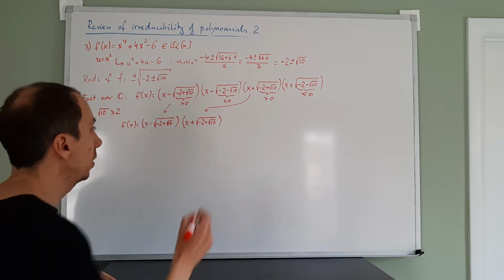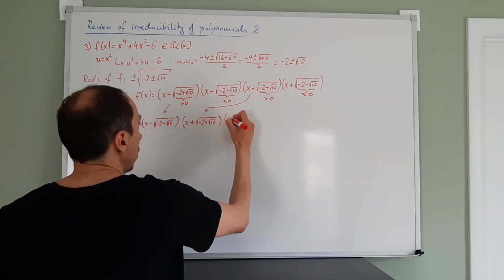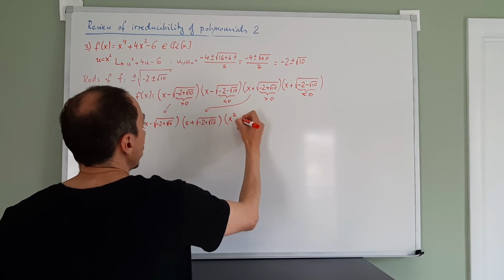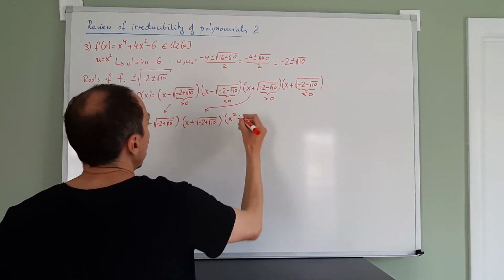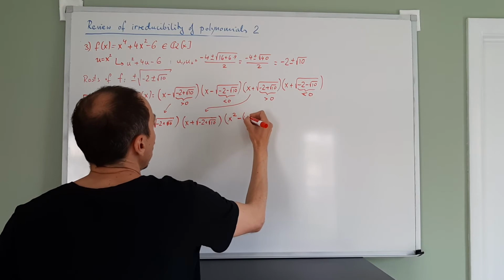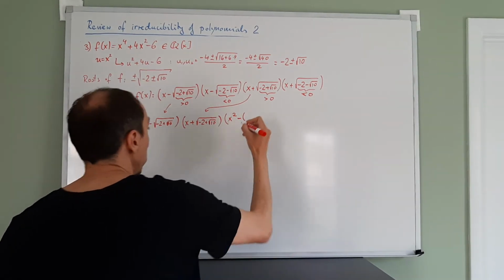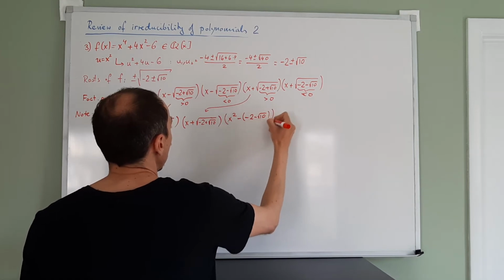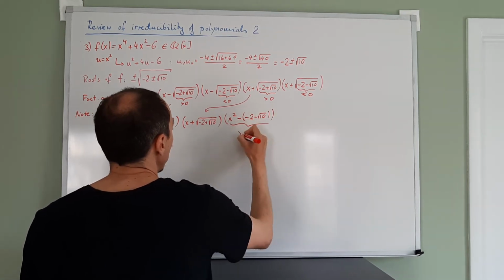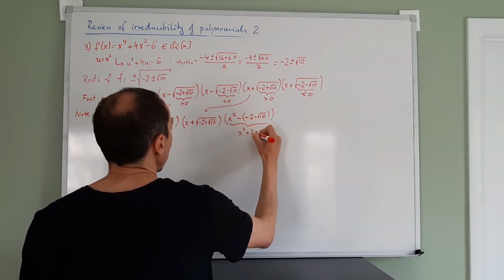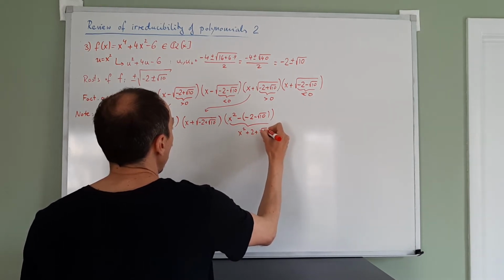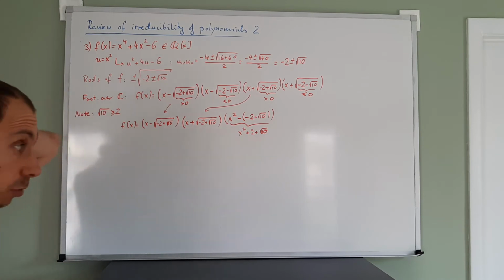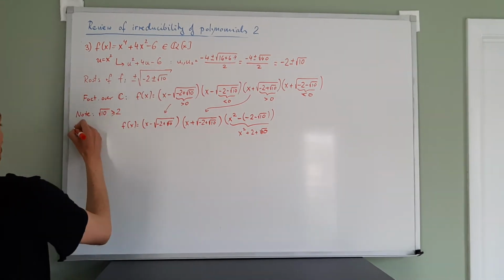But if I multiply them together, I get x squared, so it's actually going to be plus, right? Let me write it like this. It's x squared plus 2 plus radical 10. Okay, and so I claim this is a factorization over R.